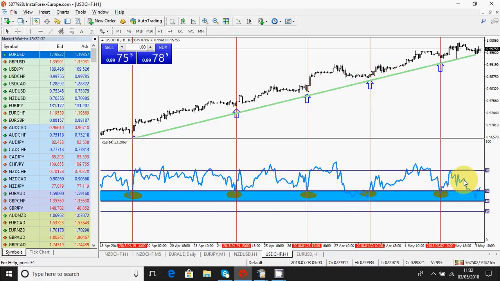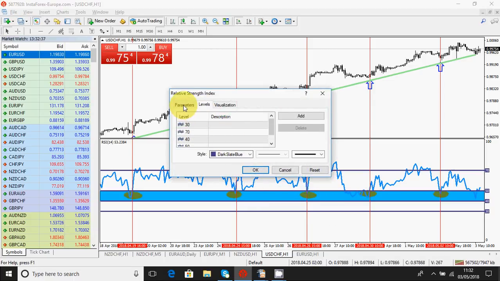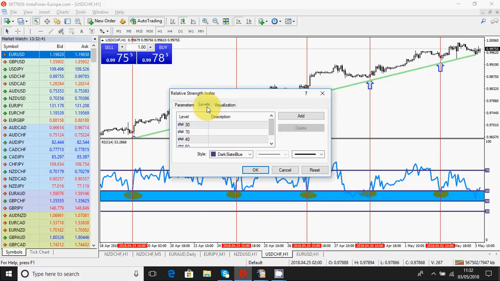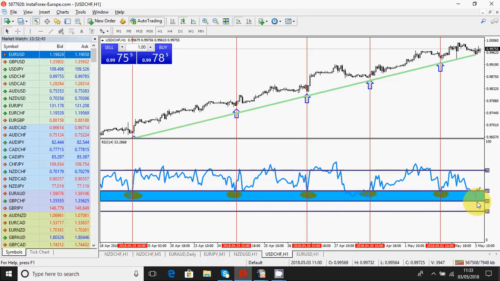So let's check our RSI settings. We have a 14 period RSI, and we normally have 30 and 70 as our oversold and overbought levels. So in a bull market, as we have discussed, RSI will move between 40 and 50 and use it as a support level. So let's see what happened. These 40 and 50 zones are the support area for RSI, or for the price.